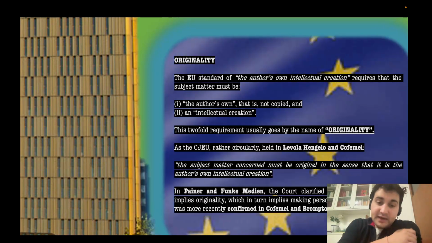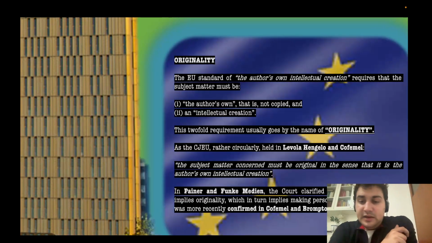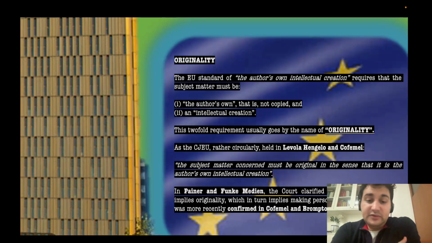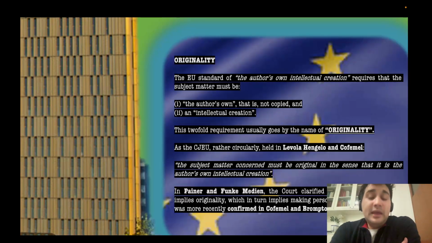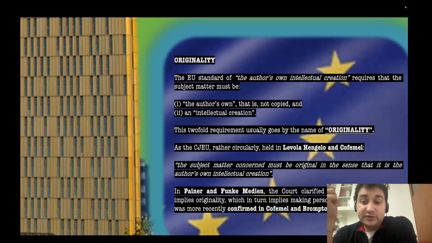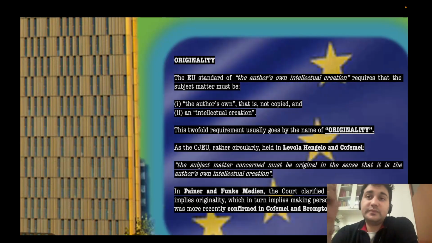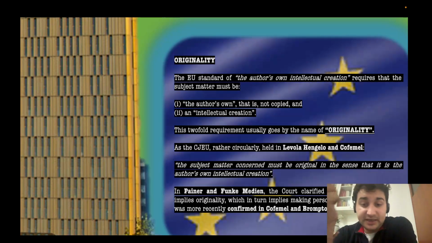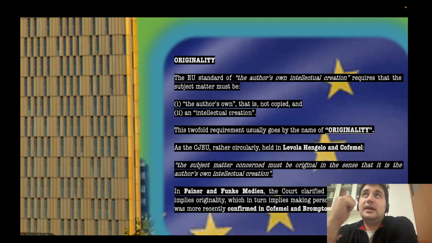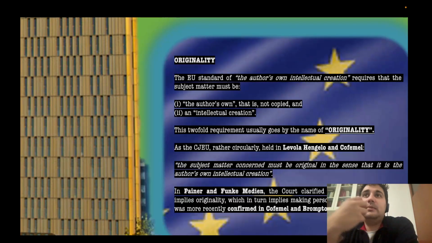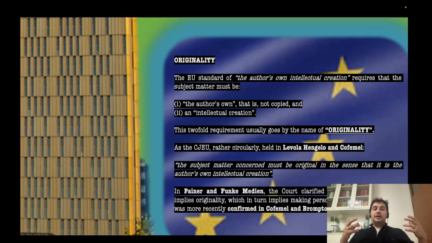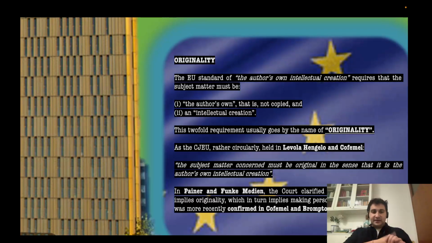In Painer and Funke Medien, the court went deeper, clarifying that intellectual creation implies originality, so that intellectual creation is one of the bases of originality, which in turn implies making personal and positive choices, so making choices by the author itself.